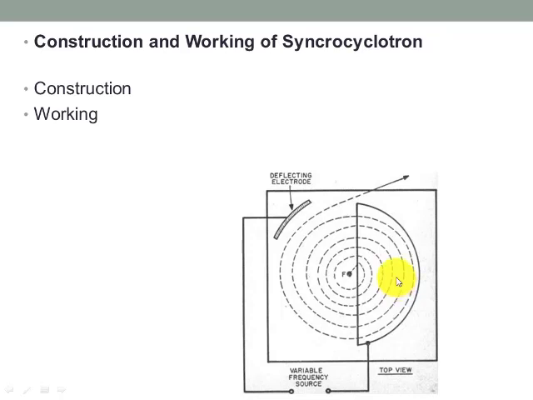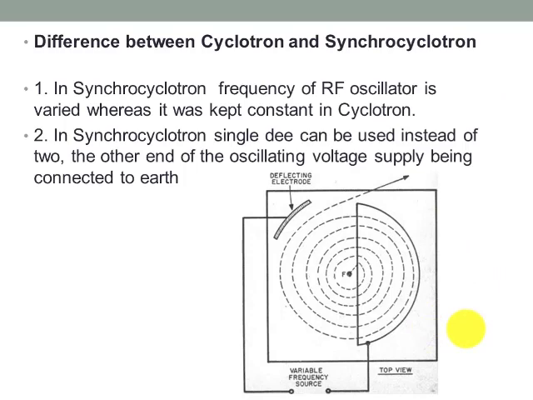The whole assembly is placed in a chamber, and in this chamber the pressure is kept about 10 raised to the power -6 centimeter of mercury. A high potential is applied across the D using the power supply. The ion source is placed at the center.